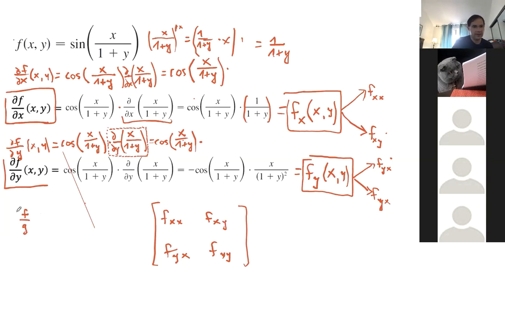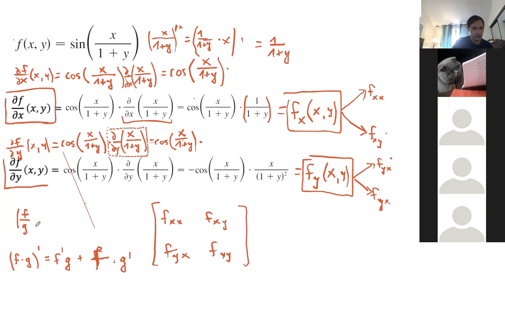Two things. First of all, the product rule, F times G. If I have to compute the derivative of the product, this is the derivative of the first function F times G, plus the first function F times the derivative of the function G.